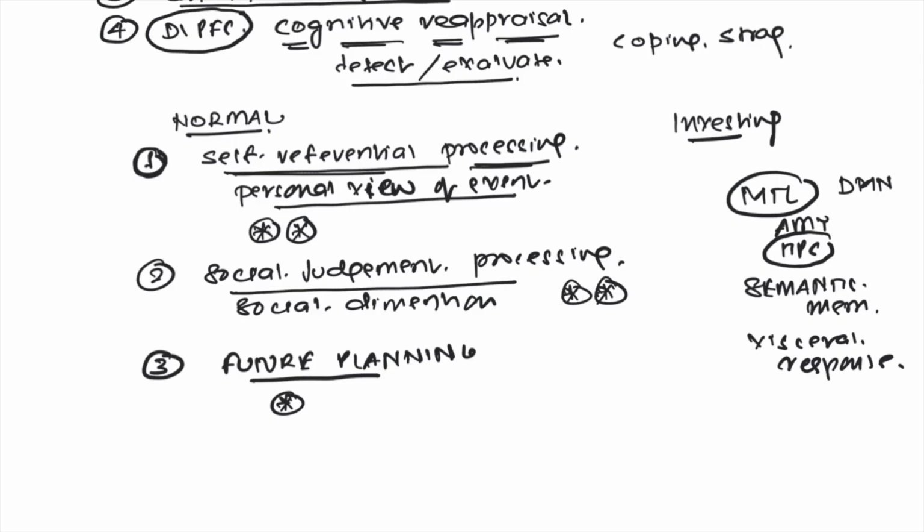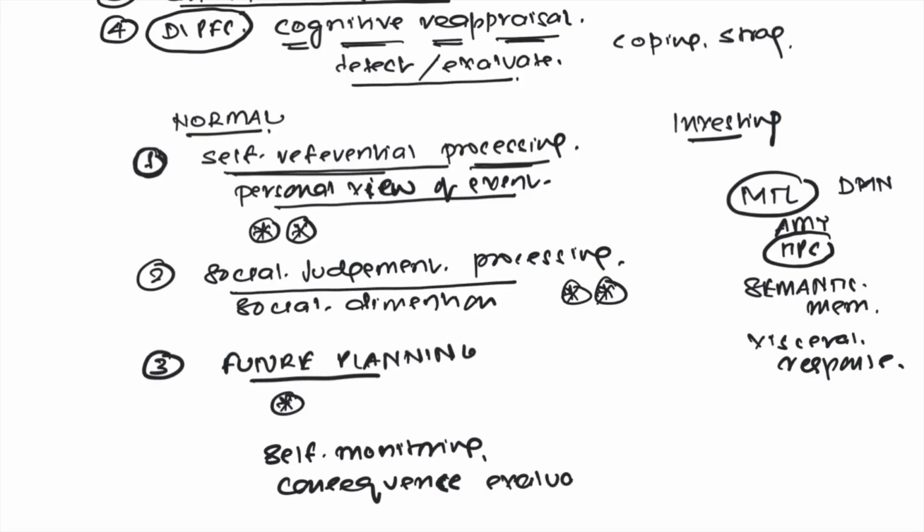And thus the default mode network is responsible for self-monitoring, right? It's also responsible for what we call consequence evaluation, right? So it usually keeps you in check.